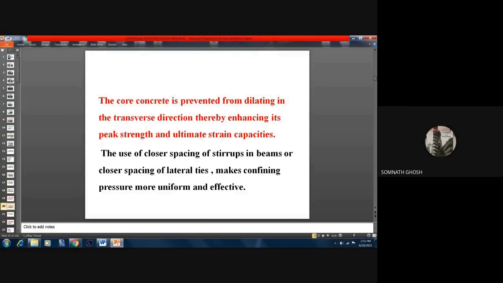And as a result, the ductility of the entire structure will be better. The ductility of joints is better. Obviously, the ductility of the entire structure will be better. So this is the way you have to think.